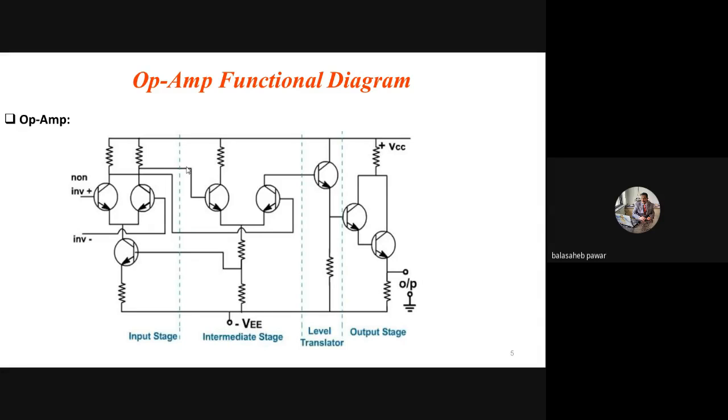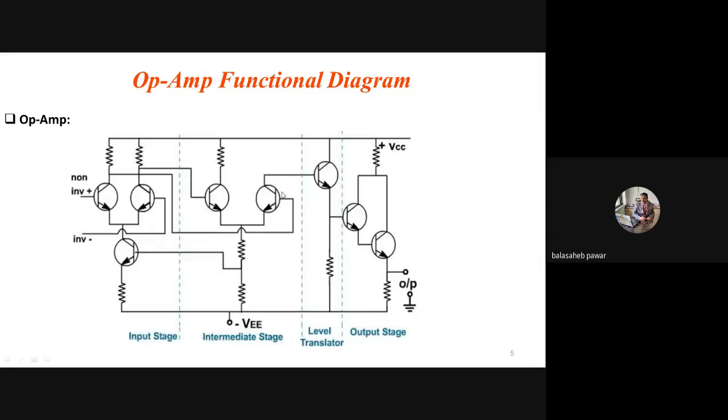Suppose the non-inverting input is plus 5 volt DC and the inverting input is plus 3 volts. So how much will be the differential voltage? It will be 2, the difference between the two. And this differential amplifier will amplify that 2 volts, that is, the difference between these two. Got it? And that output is taken out from the collector of both terminals and applied as an input to the second stage.